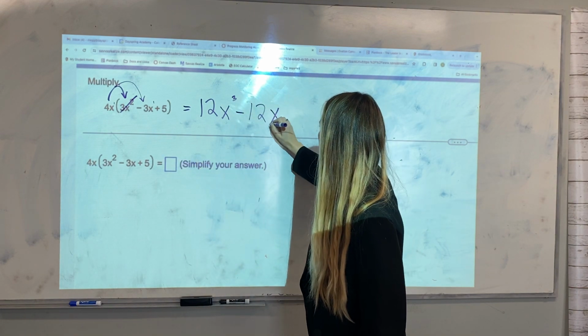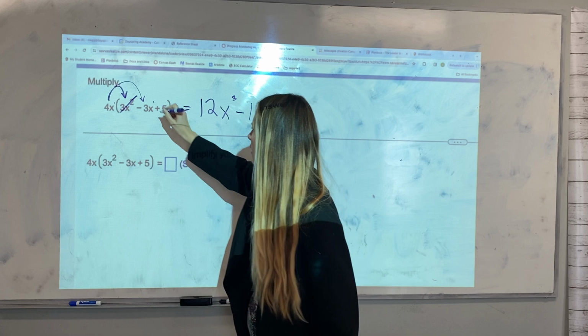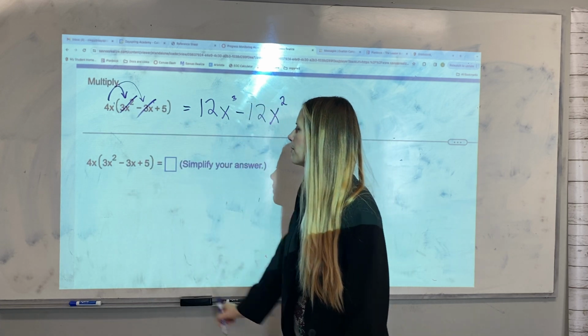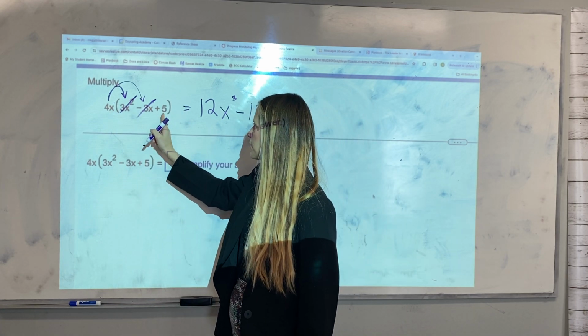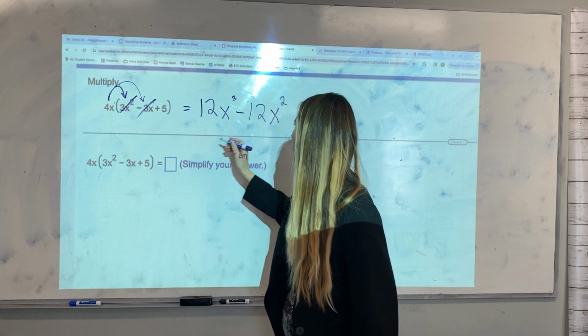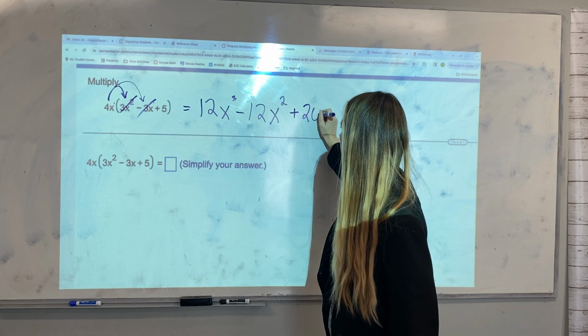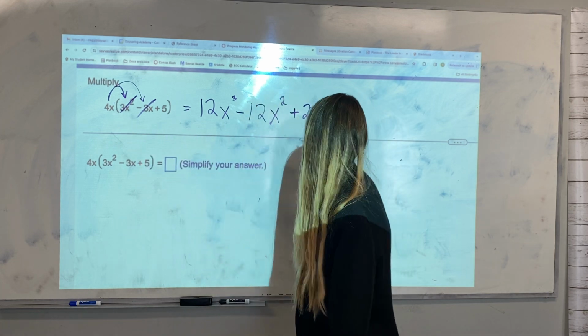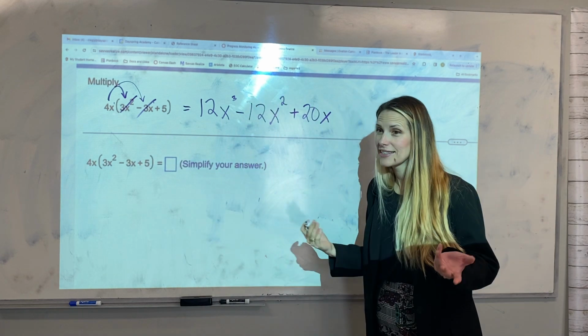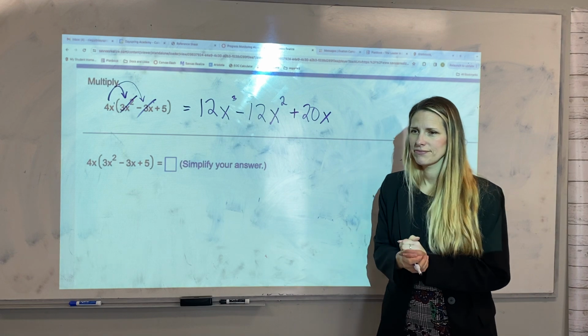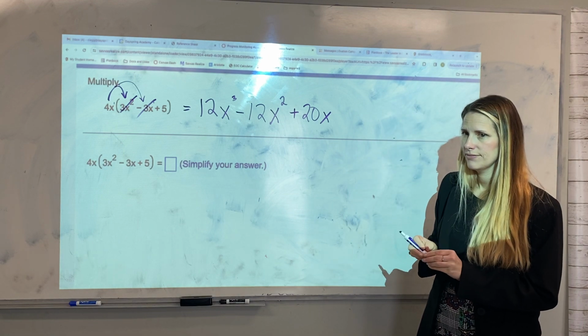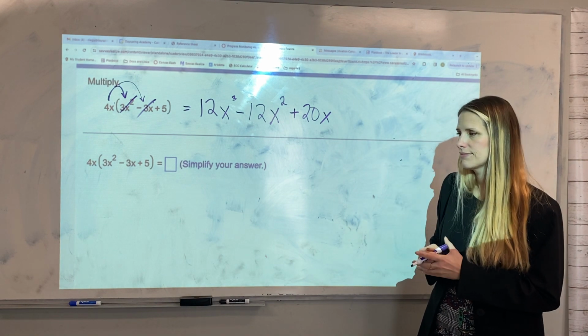Yeah, x squared. Now that's done. And lastly, we have 4x times 5. So 4 times 5 is? 20. And x is x. That's it. With 5 times negative, it would be negative 10.